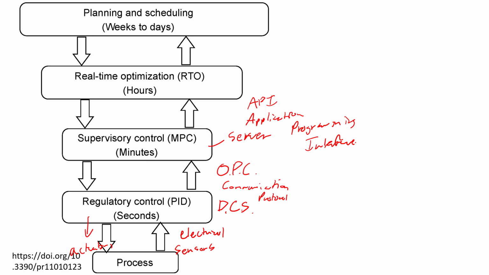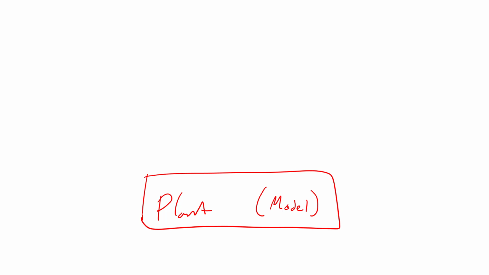So what we're going to be covering mostly in this module, we're going to be kind of imitating this. So we're going to be using our plant as our process model. We have used Collimator to build a dynamic process model, and we're going to be calling that the plant from here on out.